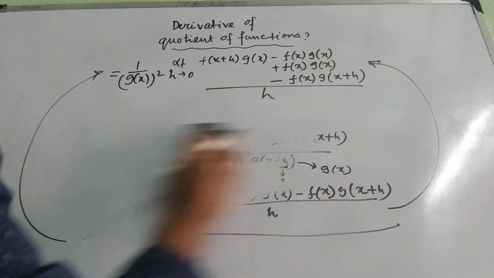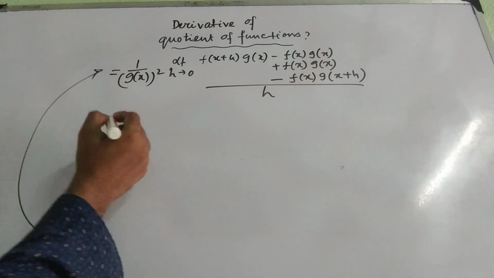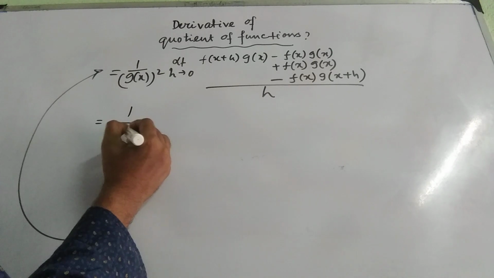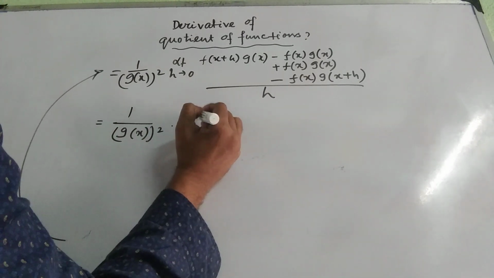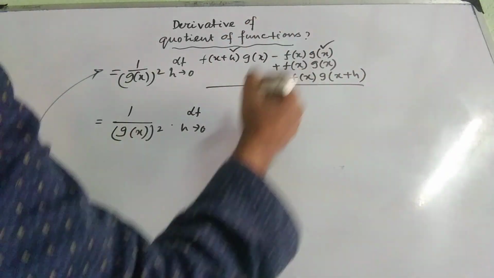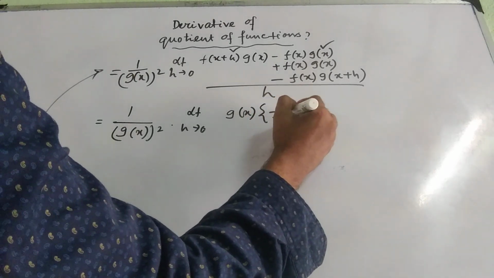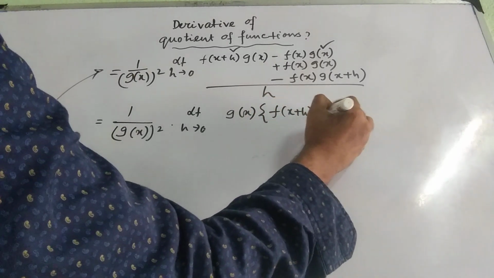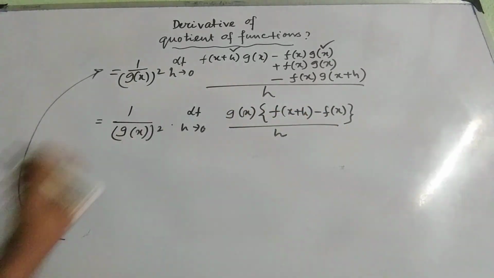So the expression which has been derived, I can manipulate as 1 by g(x) squared times the limit as h tends to 0. From the first two terms, if I take g(x) common, my first expression becomes [f(x+h) minus f(x)] divided by h.